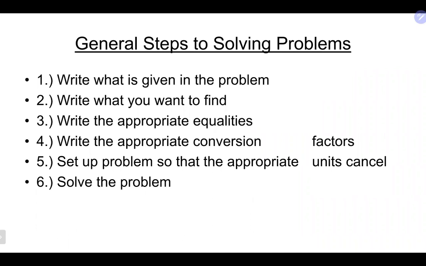It's also helpful to write what you're looking to find. You want to think about what equalities will get you there. By the way, with conversions, there could be different paths to get you to the answer, depending on what conversions you use. So they may not be wrong if you chose a different path, as long as there's a legitimate conversion factor. From the equalities, you want to write the proper conversion factors.